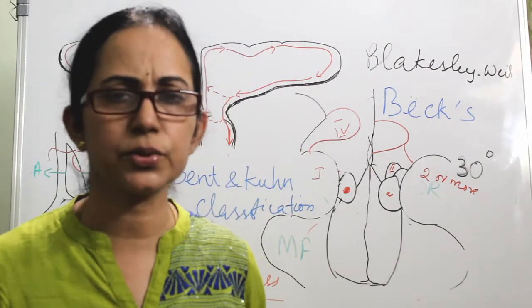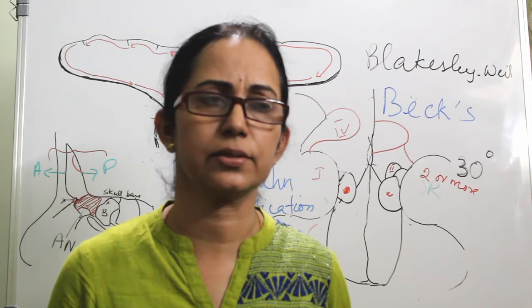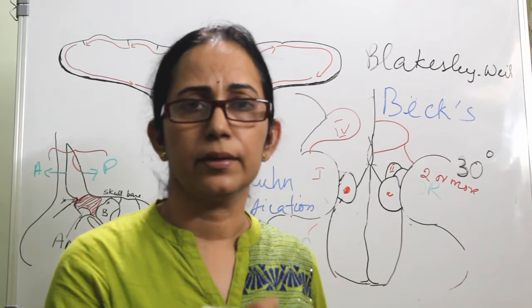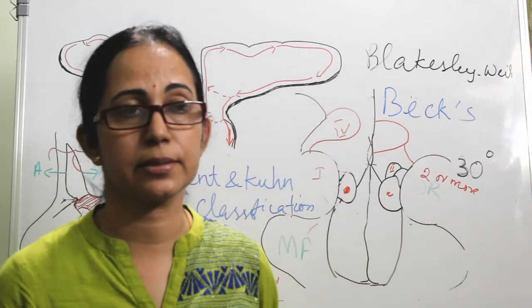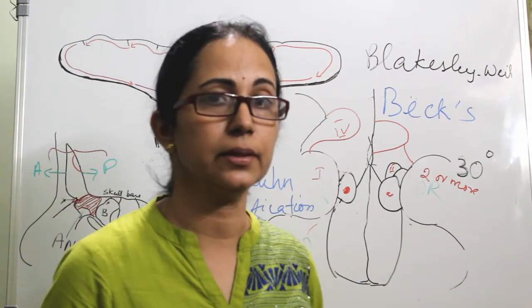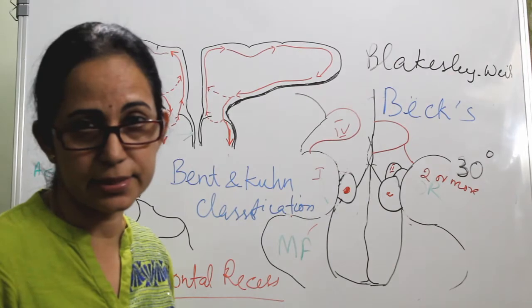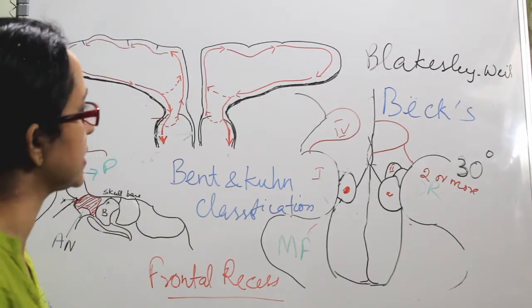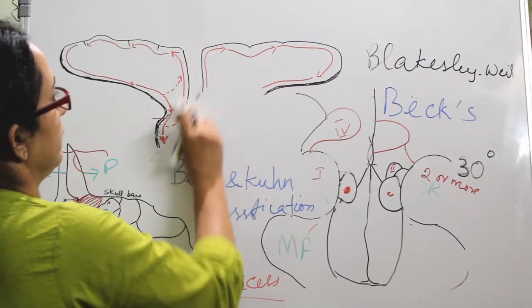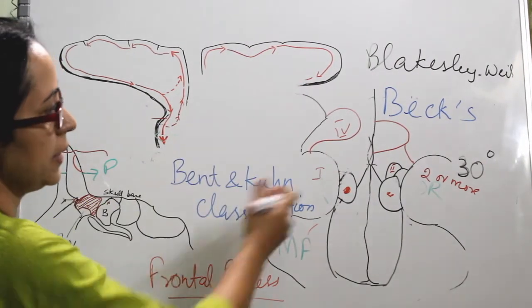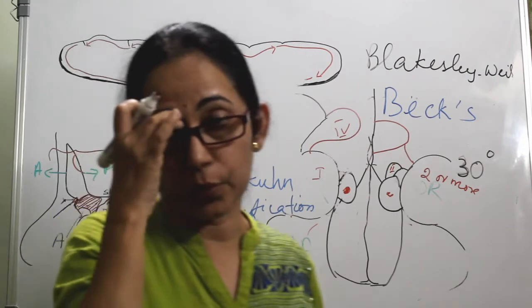And coming to the clinical significance or surgeries, I will describe in detail along with the surgeries of the frontal sinus. But for the time being, just remember, there are external surgeries and also endoscopic sinus surgery. The external surgery is mainly the external frontoethmoidectomy.